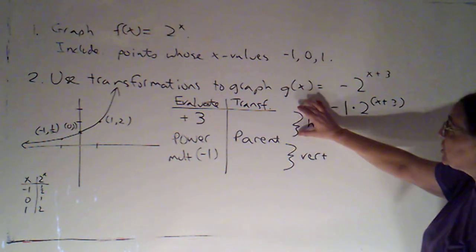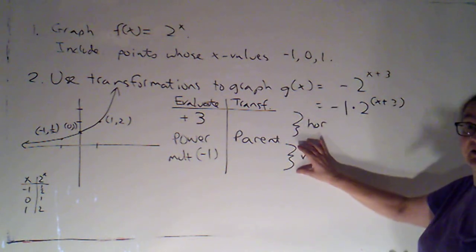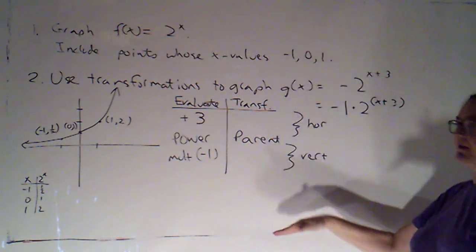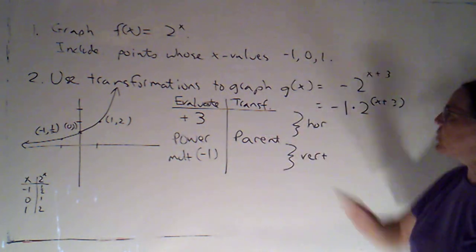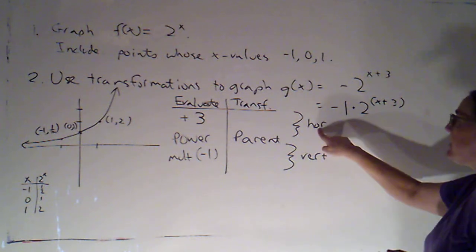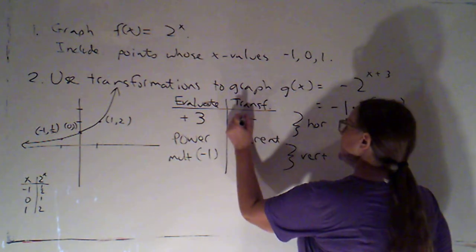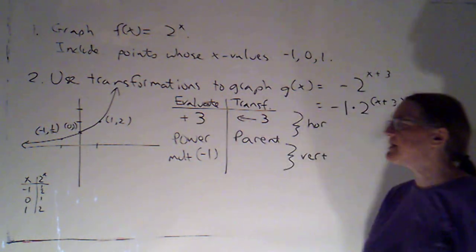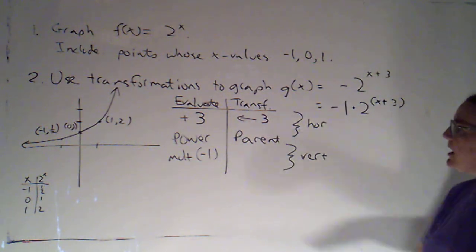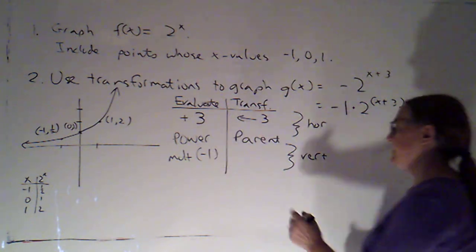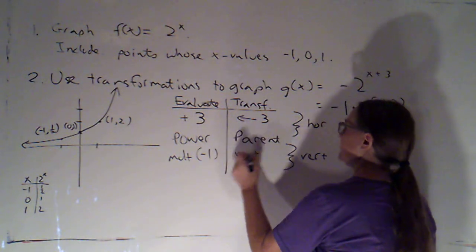If I have multiple transformations in either category, I always have to make sure I'm working away from the parent function. So what does adding 3 do? Remember that horizontal transformations are a little bit counterintuitive, so that's going to actually move things 3 to the left. Multiplying by -1 is going to be a flip, and this is going to be a vertical flip.